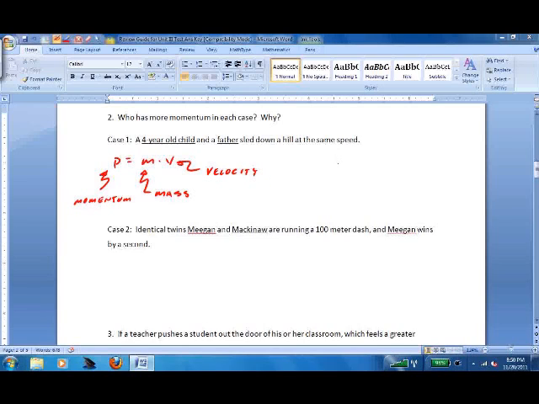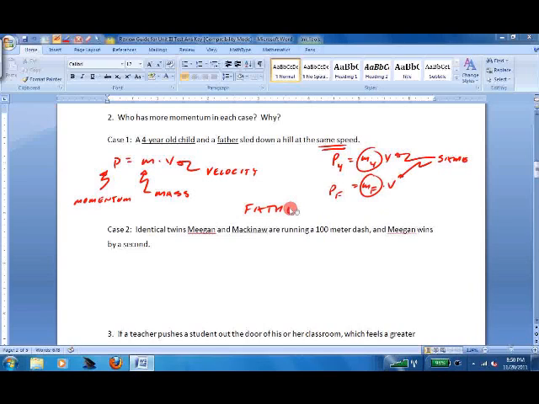So the 4-year-old's momentum is the mass of the 4-year-old times velocity, and the father's momentum is the mass of the father times velocity. Well, they both have the same speed, so if that's the same, whoever has the higher mass will have more momentum because they have the same speed. So that's clearly the father.